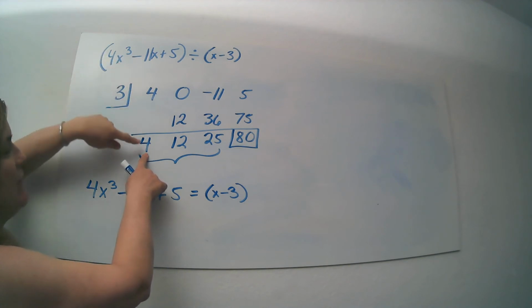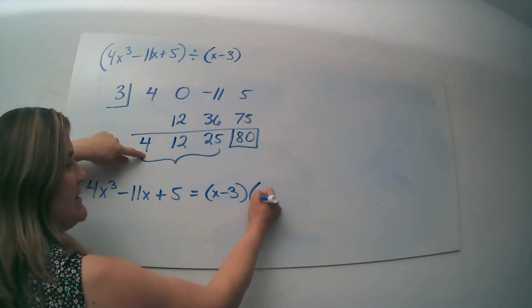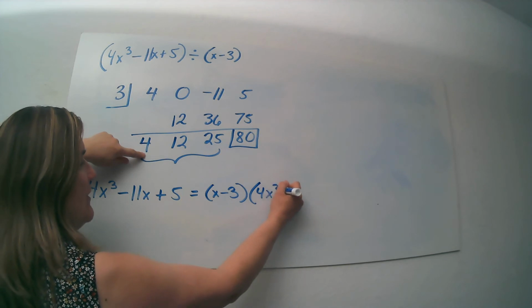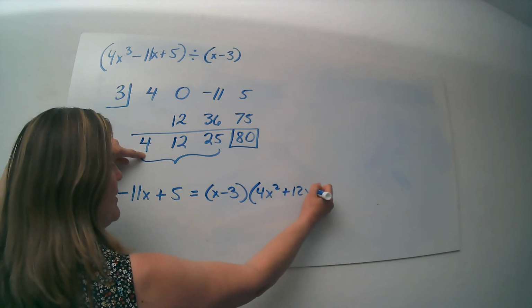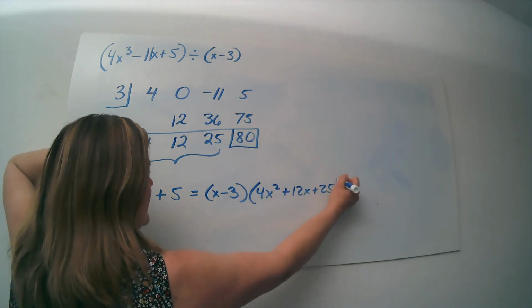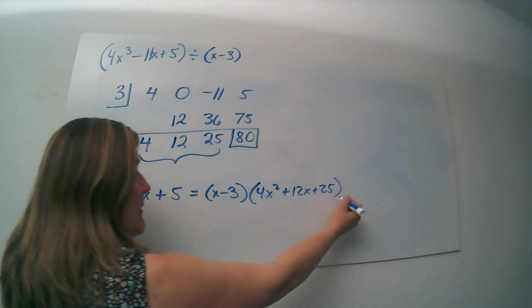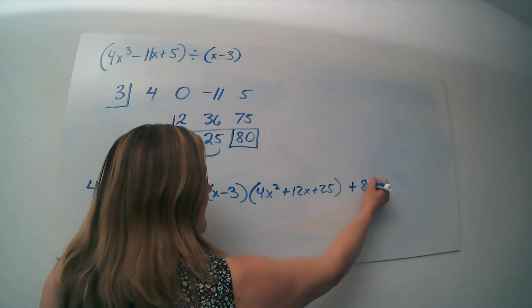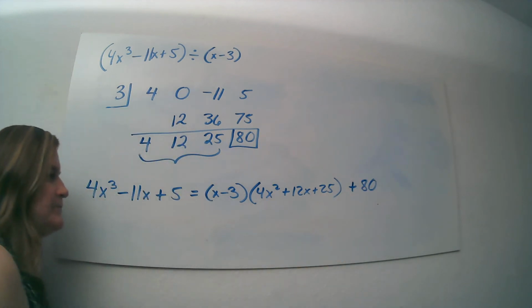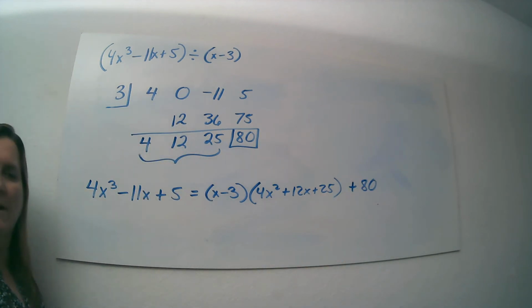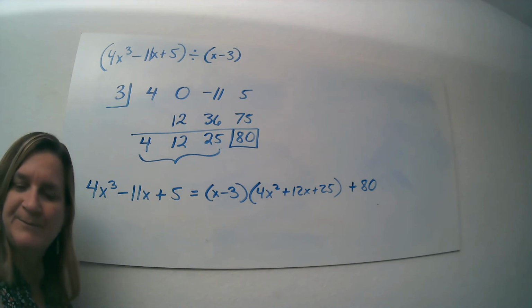So this was third degree, so this will be second degree. So it is 4x squared plus 12x plus 25. There's the product, but we need to remember to add in the remainder. And we've done this synthetic division.